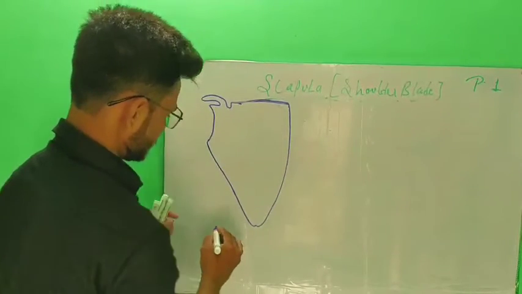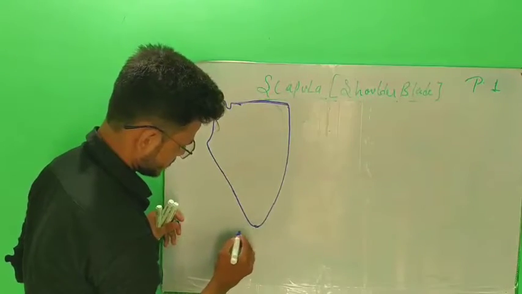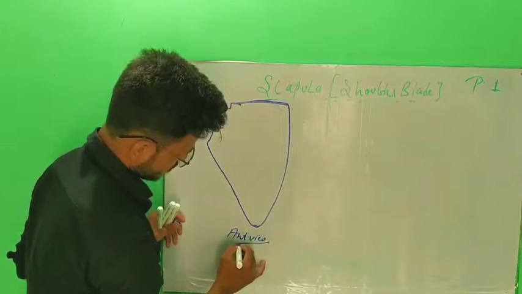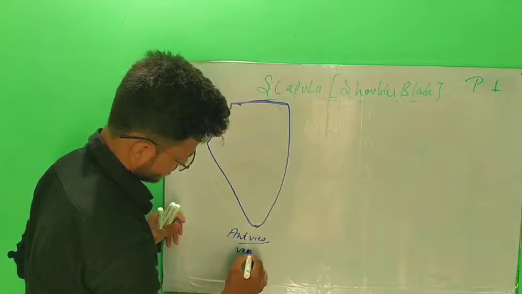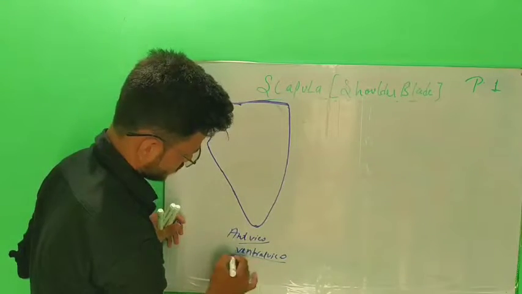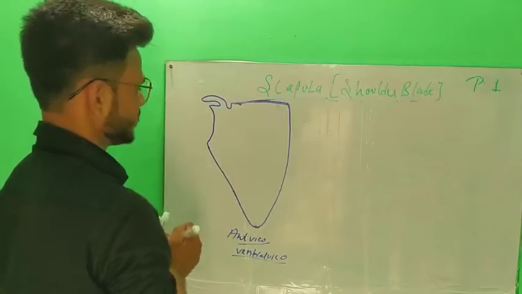This is the anterior view, also called the ventral view.